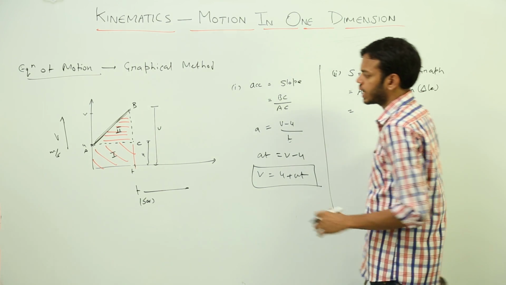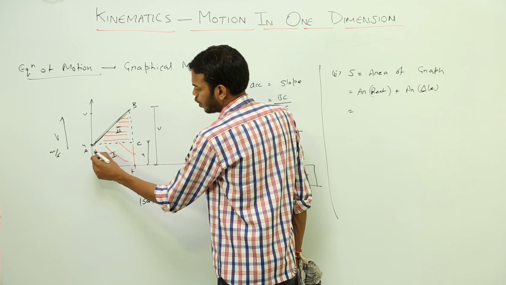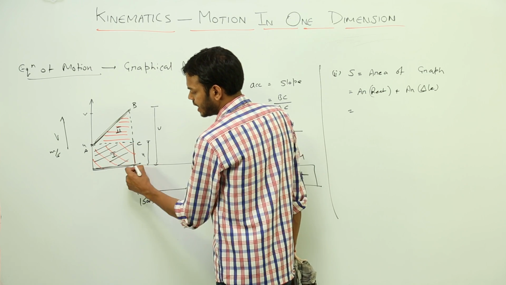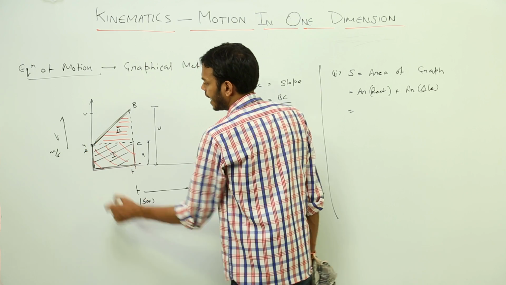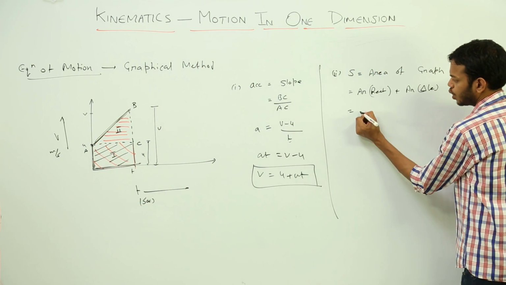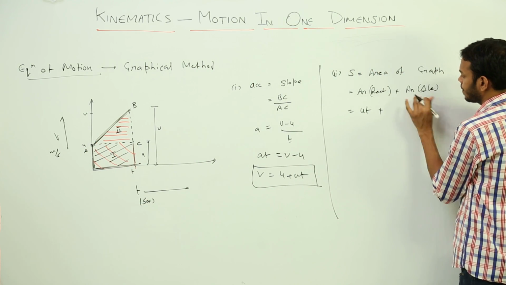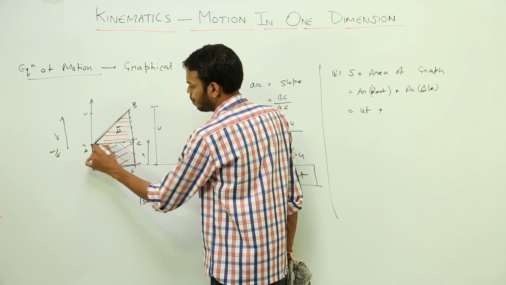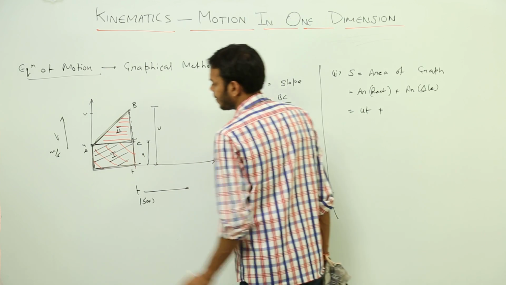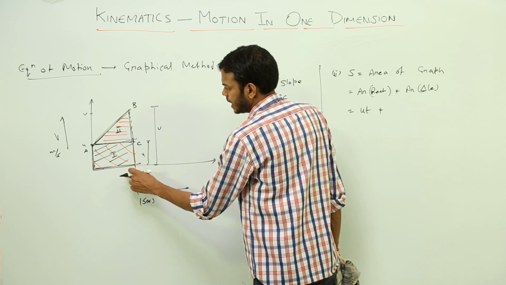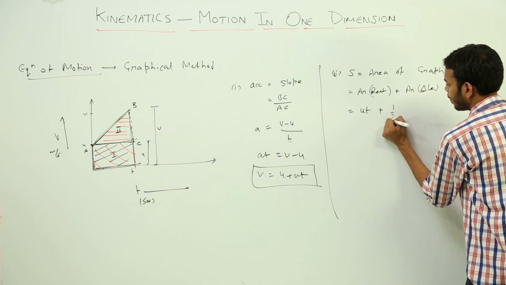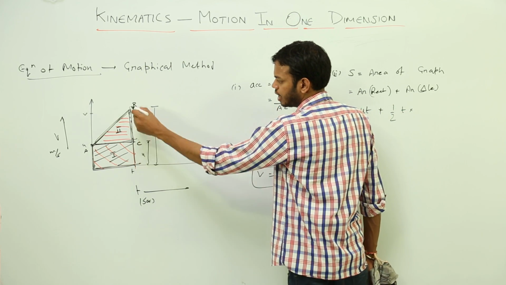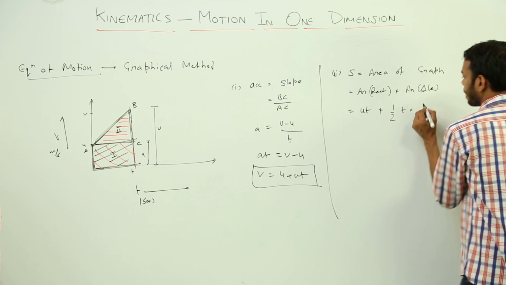What is the area of this rectangle? It is length into breadth. The length is t, the breadth is this height, which is u. So ut plus the area of the triangle. This is half into base into height. The base is basically this t, and the height is BC, which is v minus u.